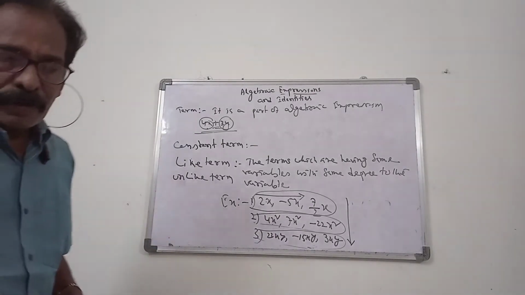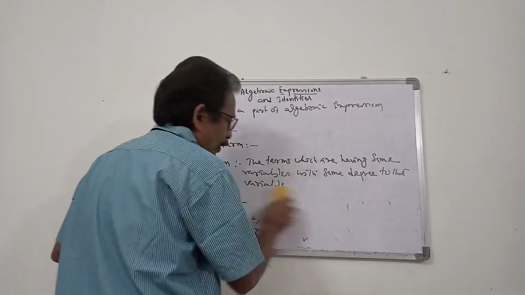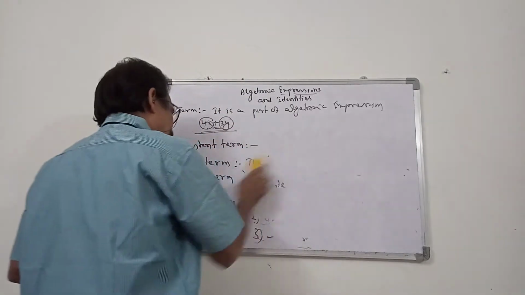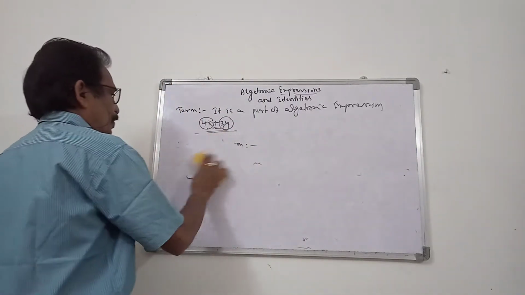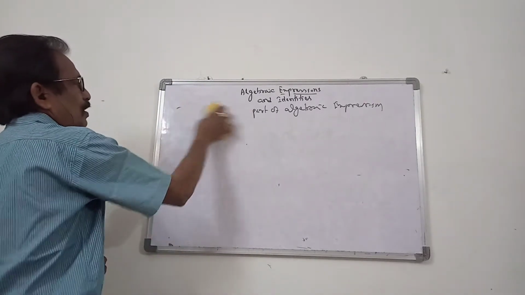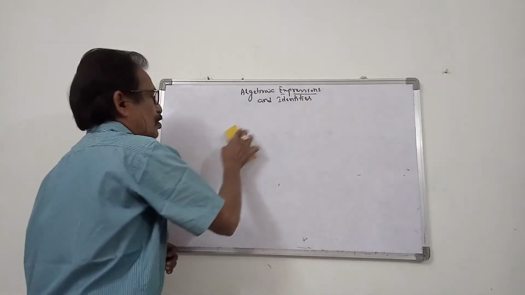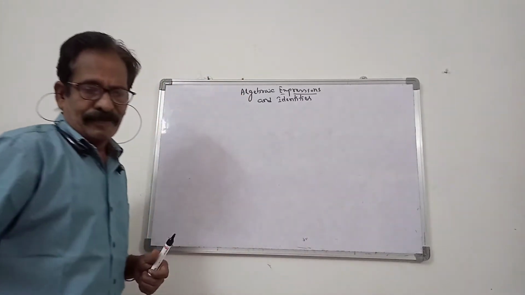Okay, now one more thing, let us discuss the next one: monomial, binomial, trinomial, polynomial. We will discuss all these things. This is very important for your algebraic expressions. We have to understand what a monomial is, because this is totally basic, so we have to go through all these details.